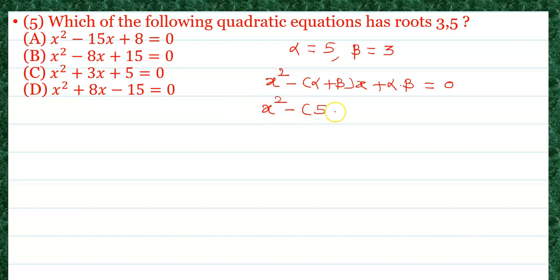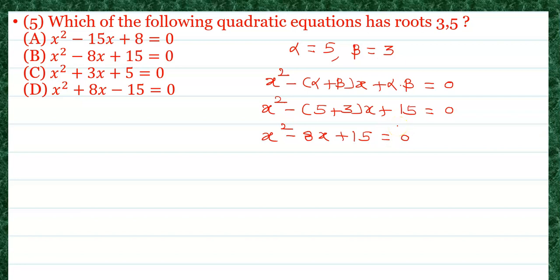That is 5 plus 3 into x, and next is 5 into 3, that is 15, equals 0. And here you will get x square minus 8x plus 15 equals 0.